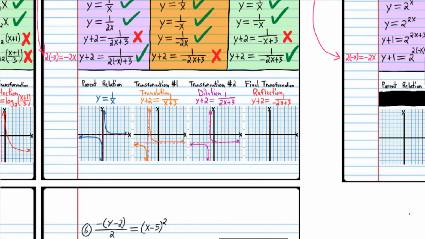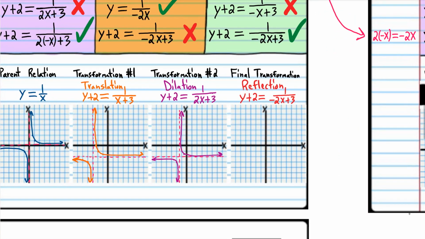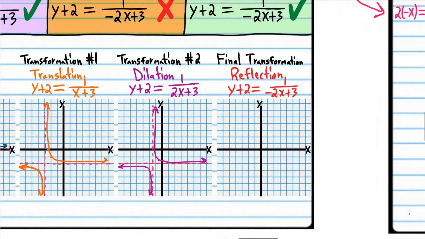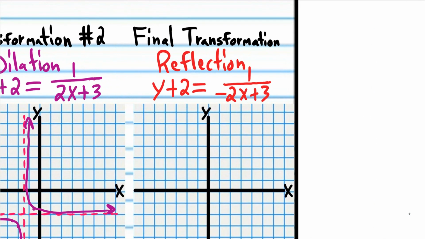Okay, so now we're going to reflect, and we're replacing x with negative x. We have a negative on the x by the commutative rule of multiplication. Remember, you can put the negative anywhere in a product.